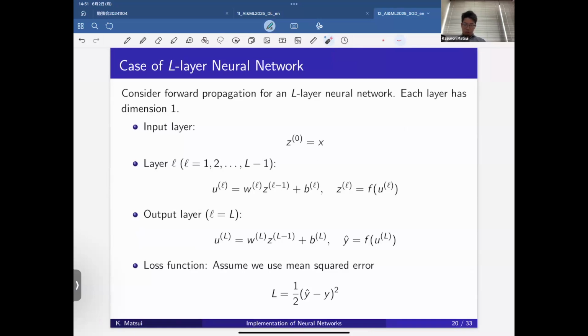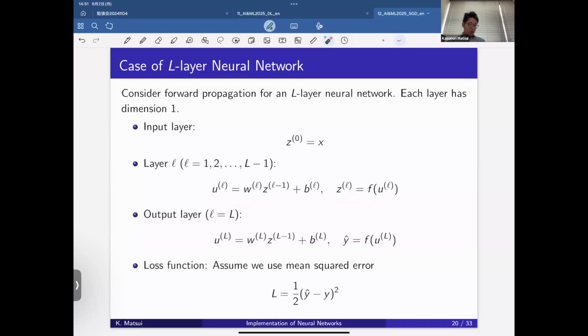Then the calculation of the L-th layer is to take the previous output Z L minus 1, multiply it by WL and add bias BL to get UL. We put this into activation function f, and what comes out becomes the output ZL of the L-th layer.